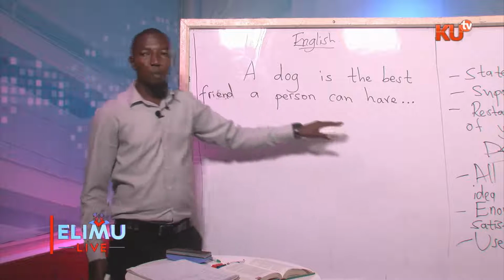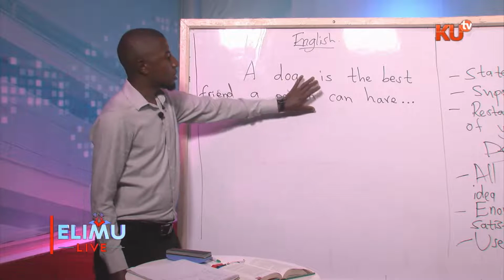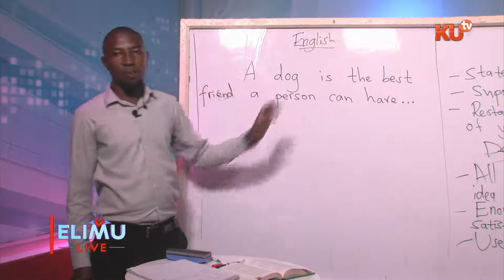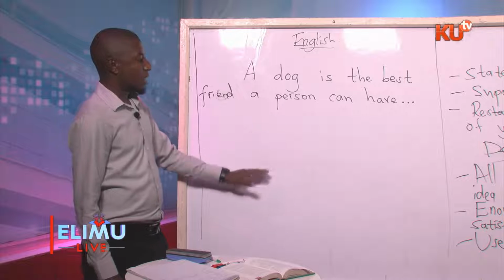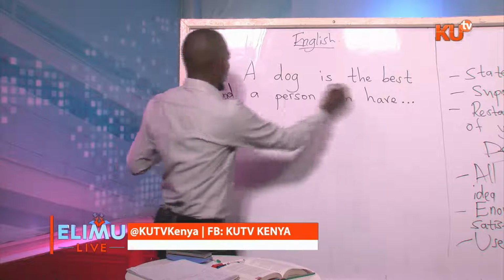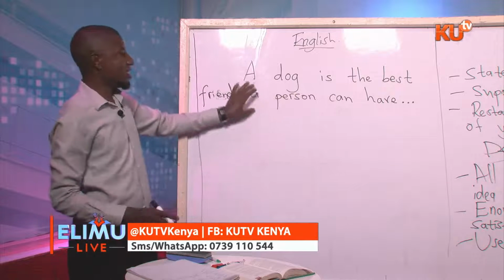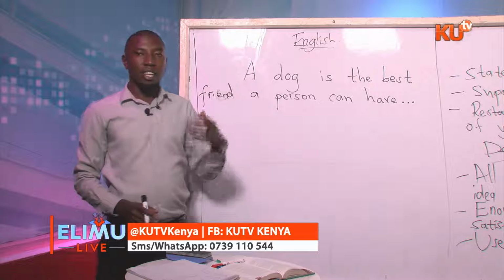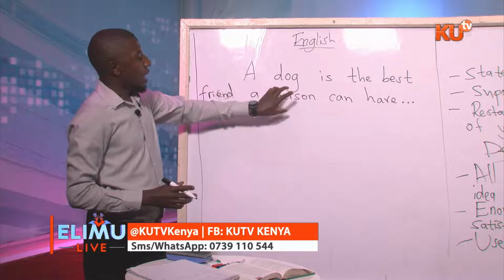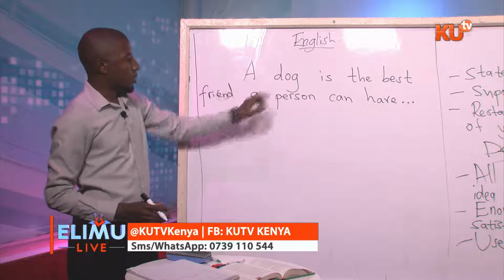So you will not come in this sentence and also introduce another pet animal like a cat, for instance, and say a dog is the best friend a person can have, but cats are the cutest animals humans can keep for pets. That is not allowed. This topic sentence dictates what your subsequent sentences will be.